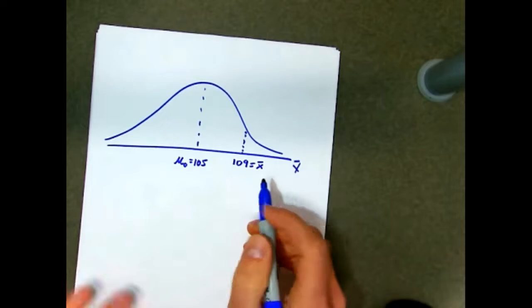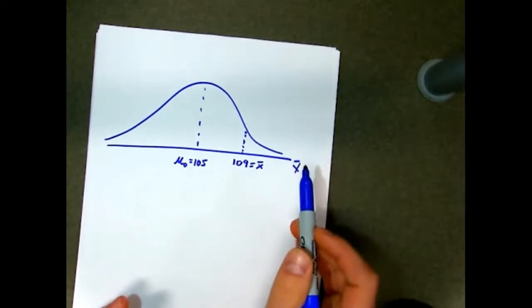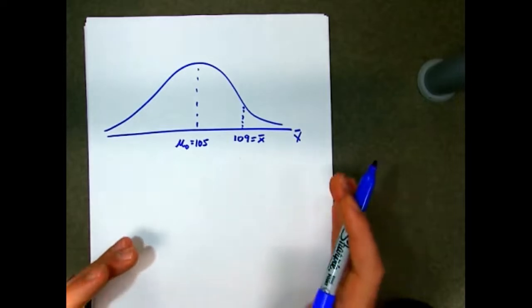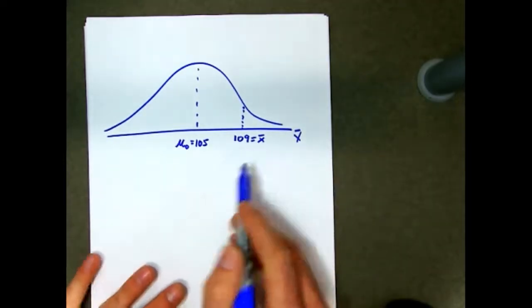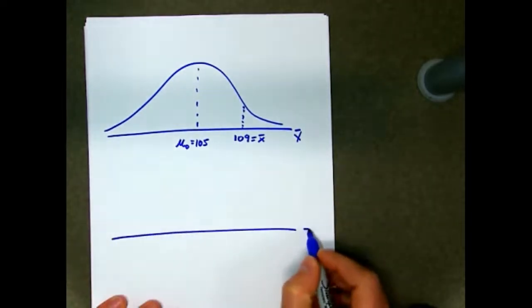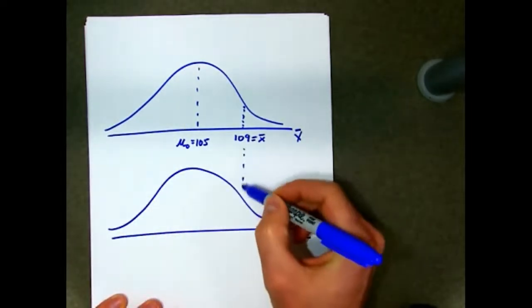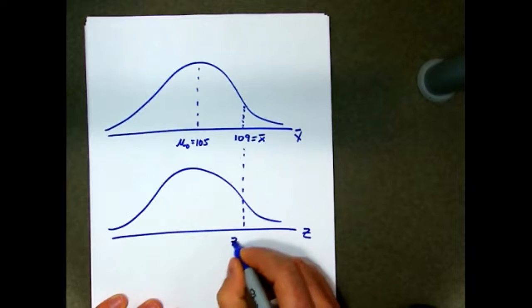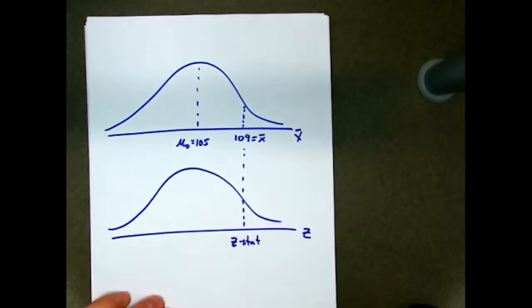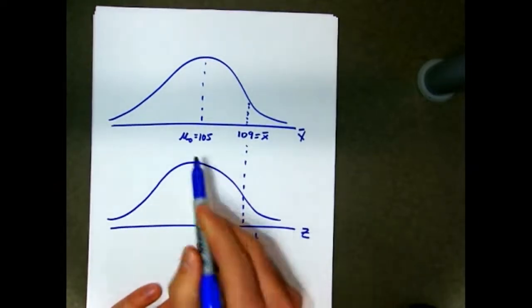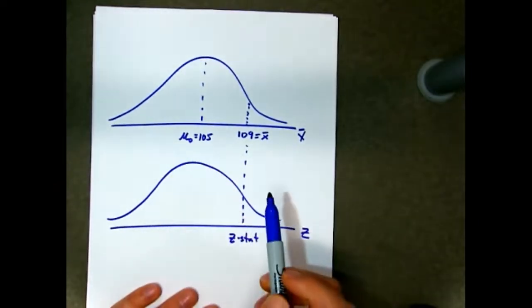So if I'm coming up with a test statistic, remember that test statistic is just a z value, right? It's telling me the number of standard deviations away. So it's coming from a standard normal distribution. When I convert this value into a z statistic, it's going to tell me the number of standard deviations away from that assumed true mean that I am.